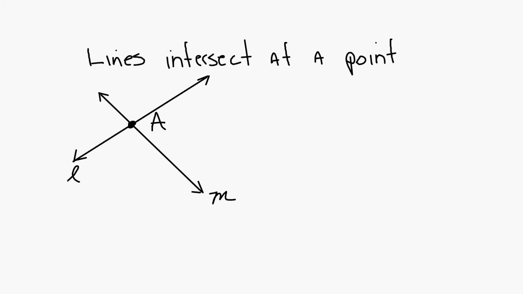This is real important. Lines intersect at a point, yes. Is the A supposed to be in script? No, it's denoting a point. Now, the lines, the lowercase m and L, are supposed to be in script. Lines intersect at a point.